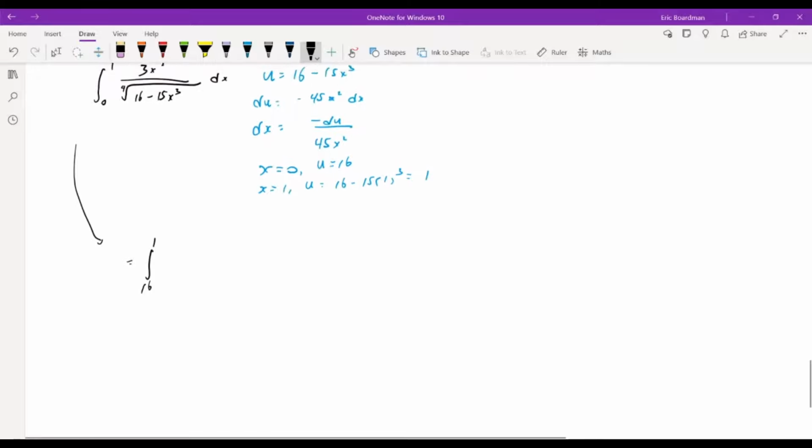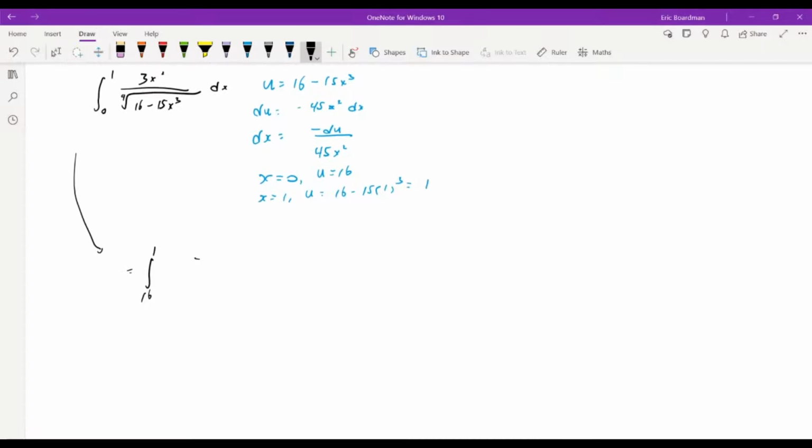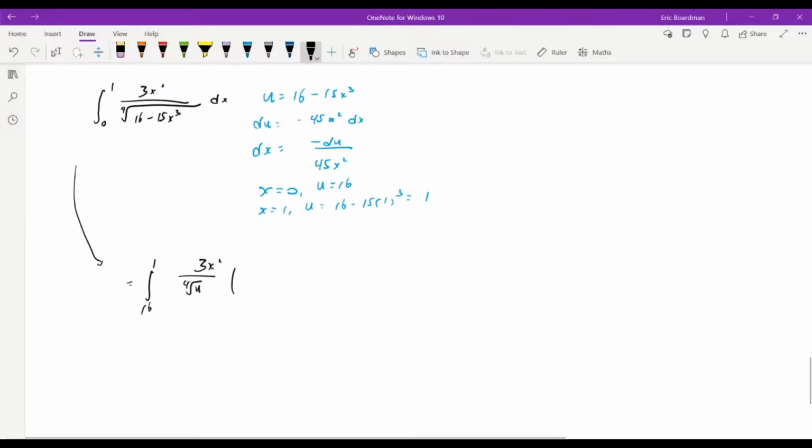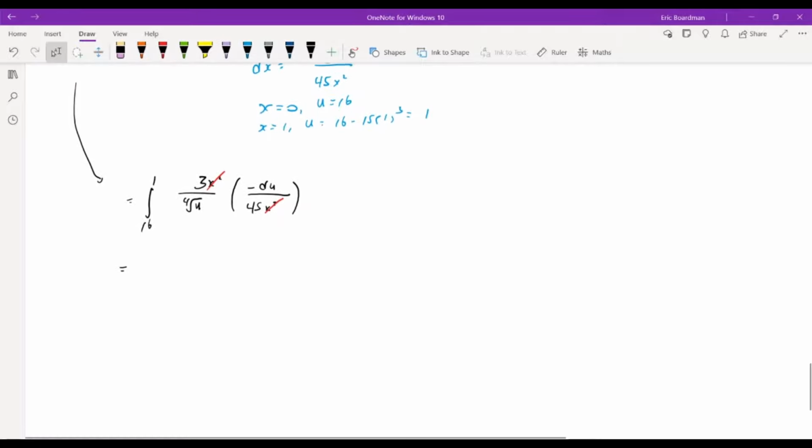So the integral from 16 to 1 of 3x squared, and this will cancel as you'll see in a second, over the fourth root of u, because that's the entire denominator, and then dx is negative du over 45x squared. Now these x squareds cancel, and I'm also going to change the bounds so they go from 1 to 16 instead of 16 to 1, because that's just proper form.